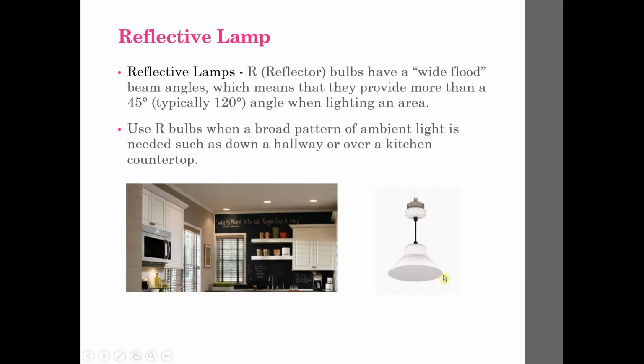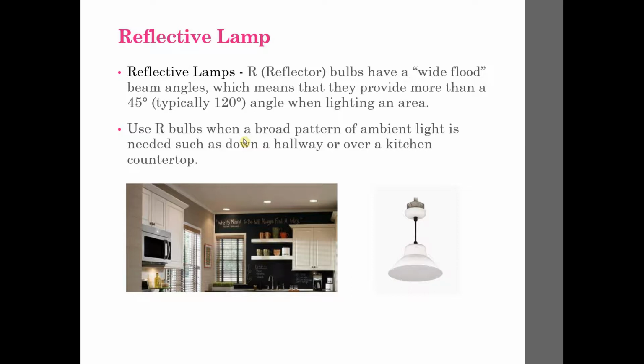You can see this one, it's a flat surface, whereas a BR lamp, which I'll show you in a second, has a little bulge. But in any event, a reflective lamp has a wide flood beam angle, which means it's typically greater than 45 degrees, but typically it's about 120 degrees angle when lighting an area.